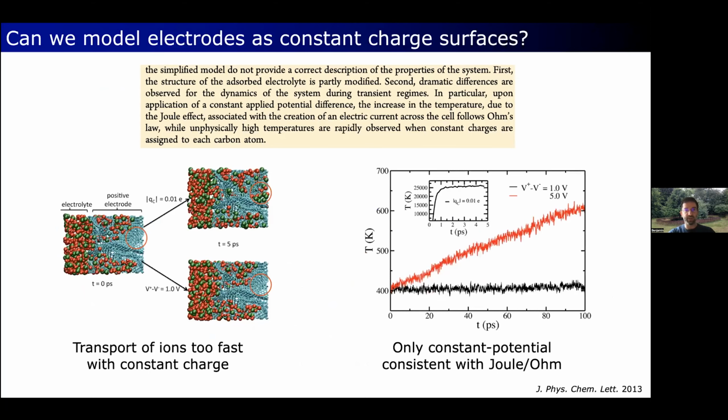But before I do that, let me just quickly motivate the need to use this constant potential setup, or at least taking into account the electronic response. In early studies of supercapacitors, people used to model the interface, the solid side of the interface, with a constant charge, assigning a constant charge to the electrode atoms.